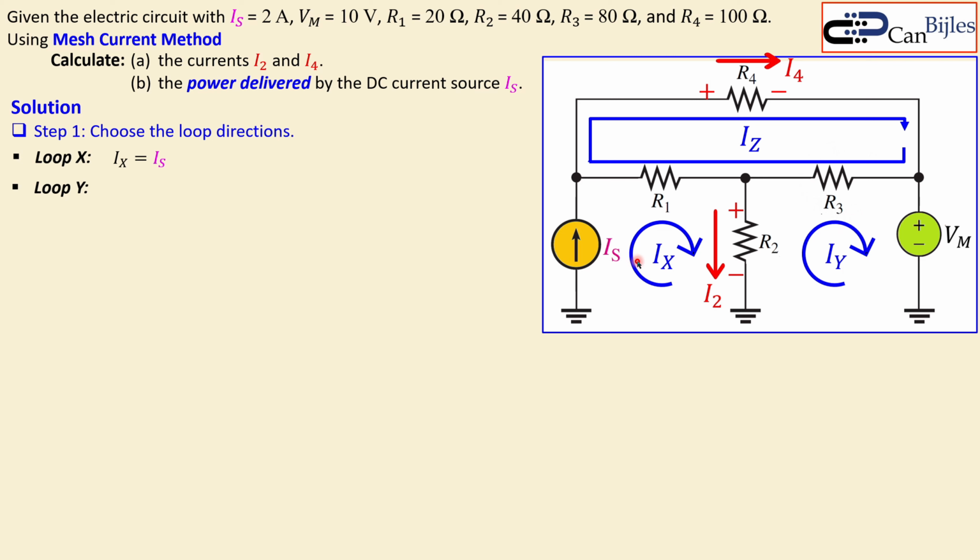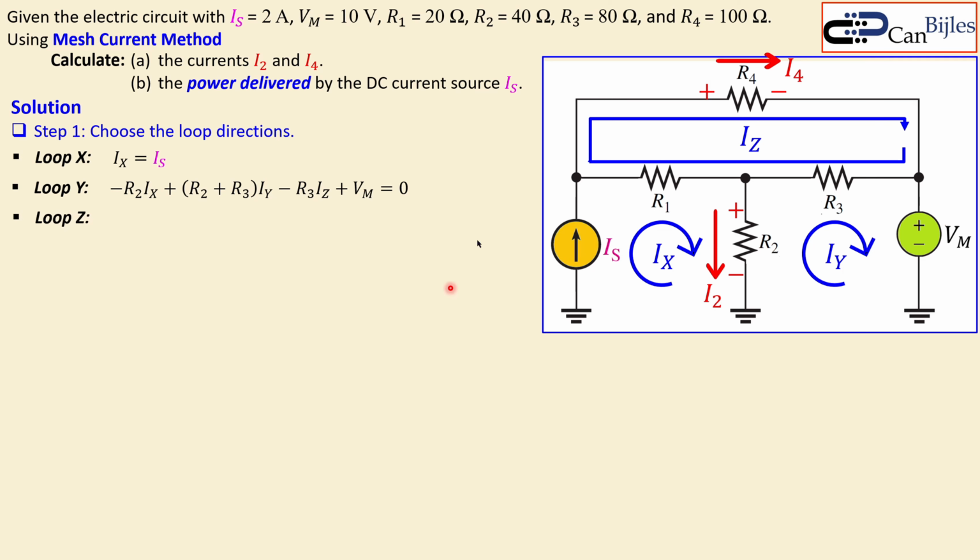So, in order X, Y, and Z, we have minus R2 times IX, because it's fighting back, the opposite direction of the current flow for IY, then the summation of R2 and R3 times IY, which is plus because that is our chosen orientation for this loop, and minus R3 times IZ, because that is also fighting back. And we have the voltage source from top to bottom, which gives plus VM. That all adds up to 0.